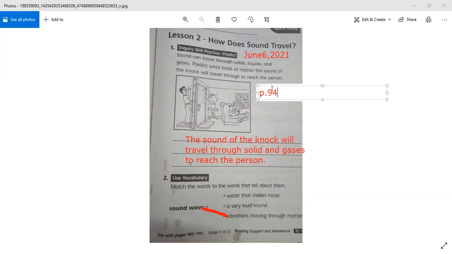Can you hear me, guys? Your parents should check your mail to read my message about the quiz. Okay? There is an email that I sent to your parents about your quiz.